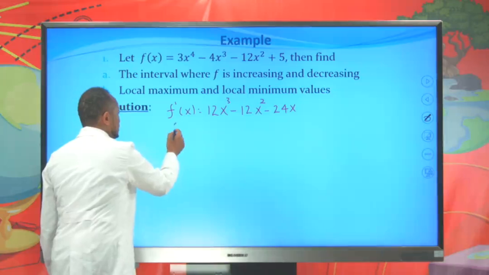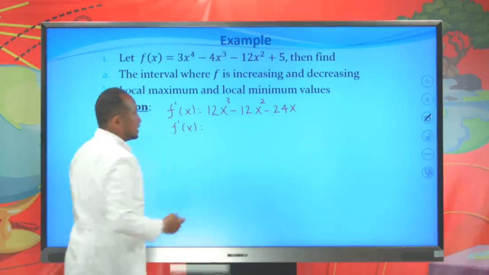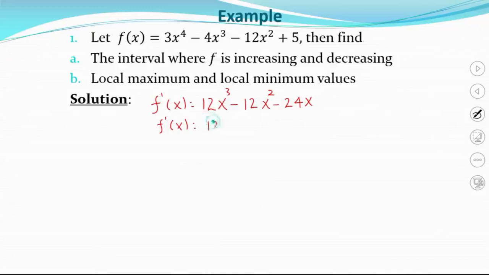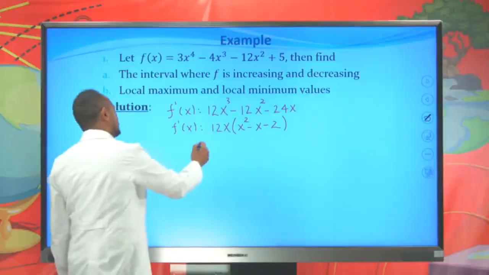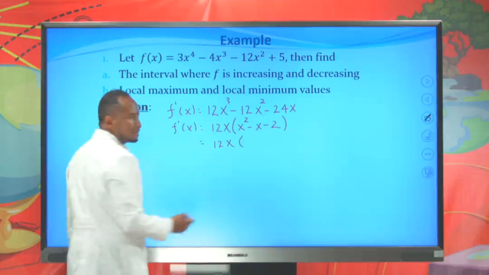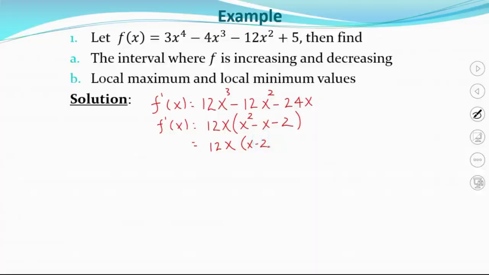So the derivative of f of x is equal to, we can take 12x as a common factor, 12x times x squared minus x minus 2.